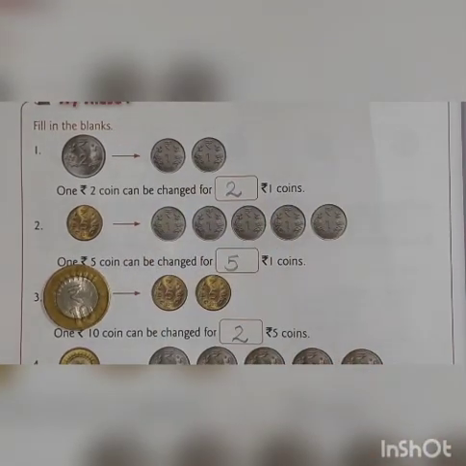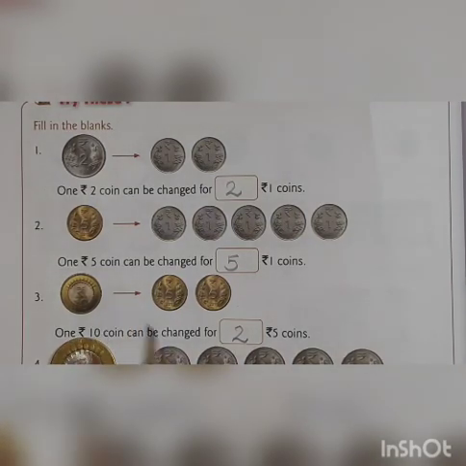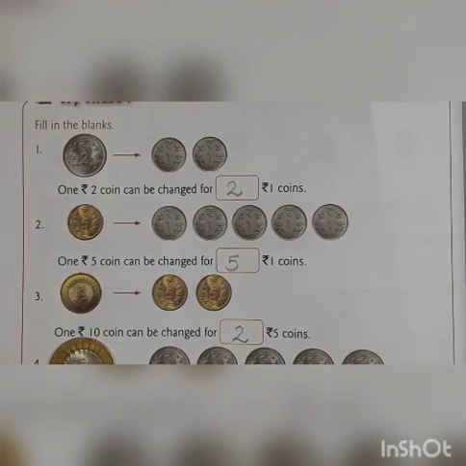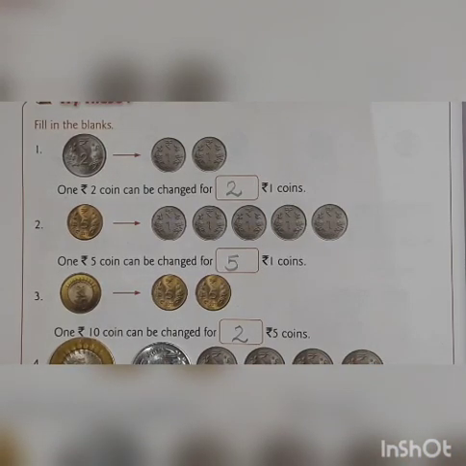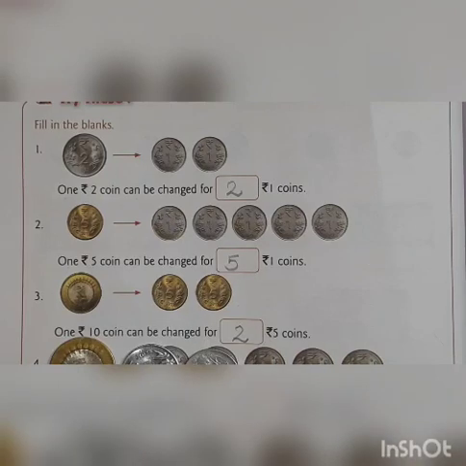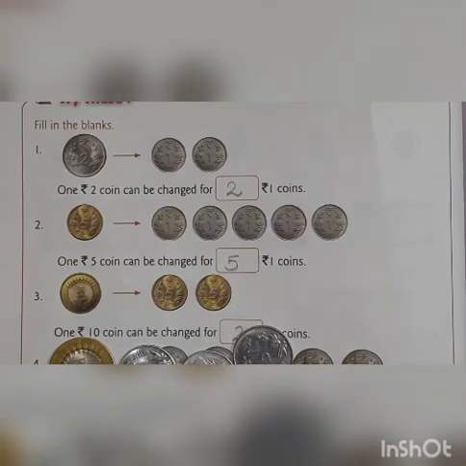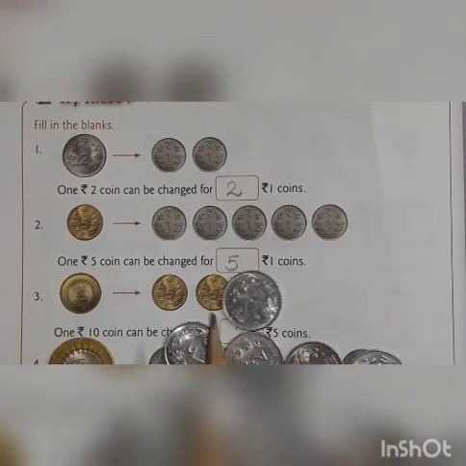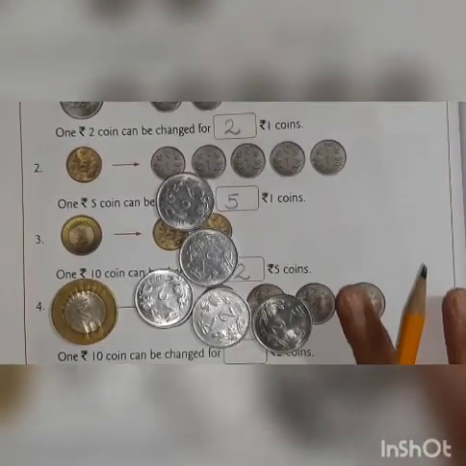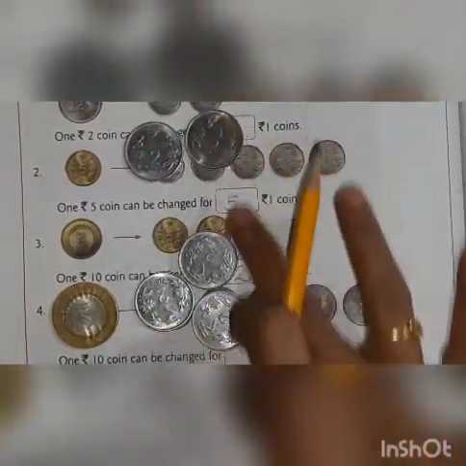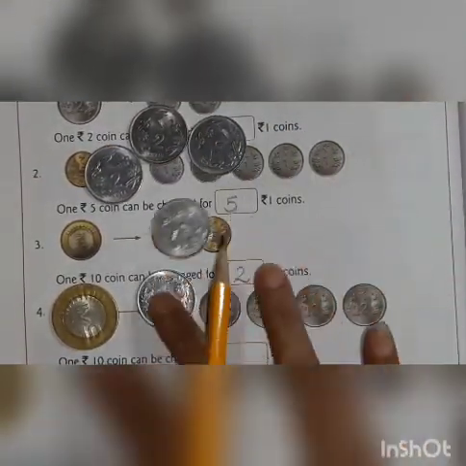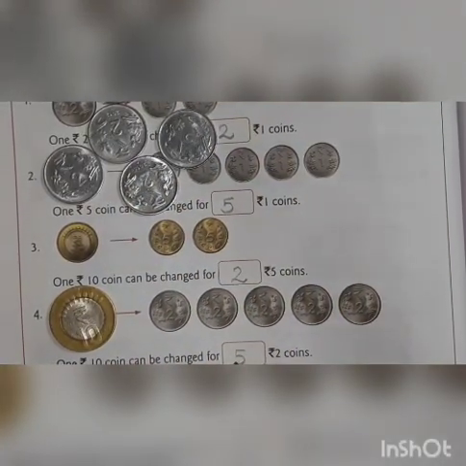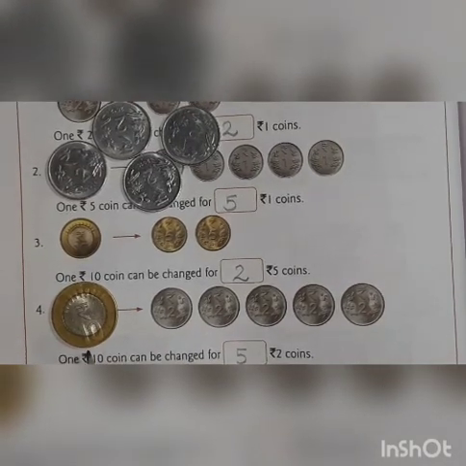The same way, a 10 rupees coin can also be changed with 2 rupee coins: 2, 4, 6, 8, 10. So how many 2 rupees coins do we need? 1, 2, 3, 4 and 5. So in this way, 5 coins of 2 rupees are needed to change a 10 rupees coin.